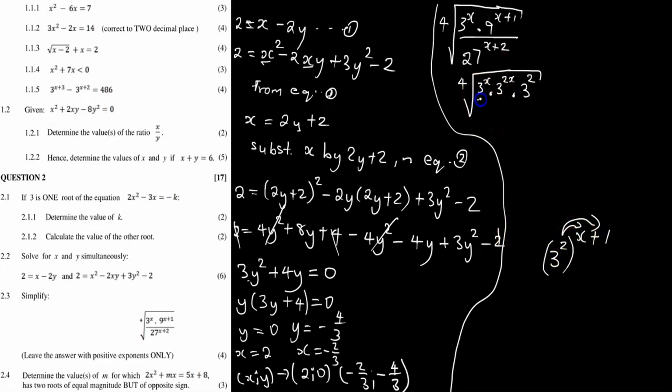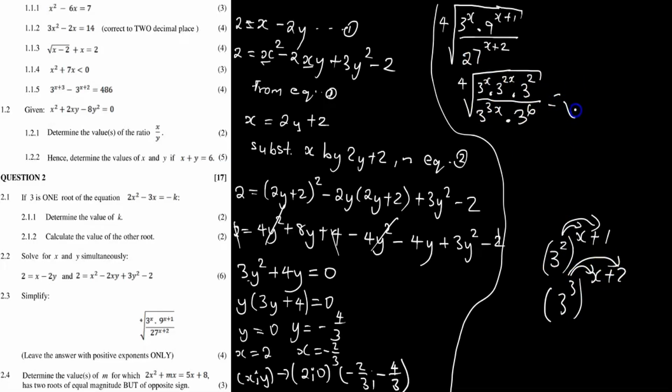And then all this is over 3 power 3x multiplied by 3 power 6. So how did we get this 6? We just said 3 power 3 power x plus 2, and then we multiplied, so 3x and 6.